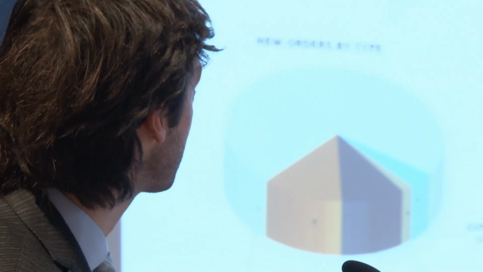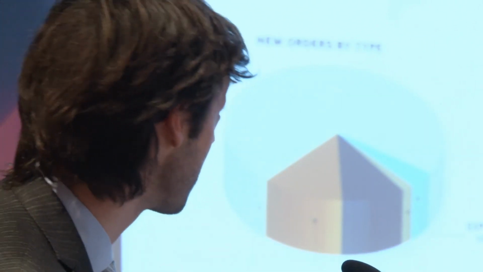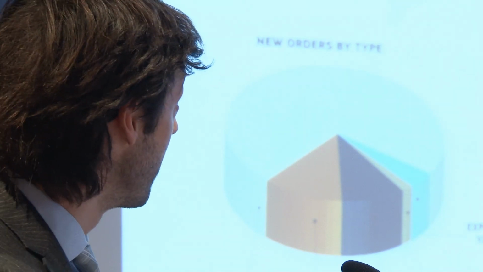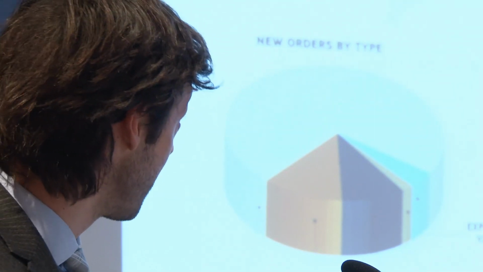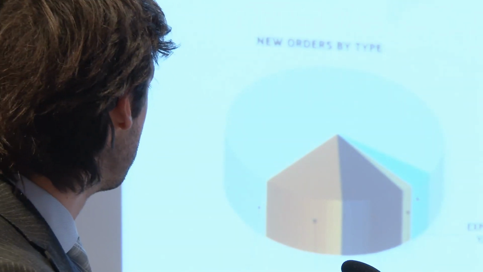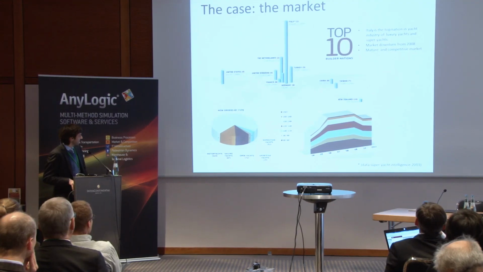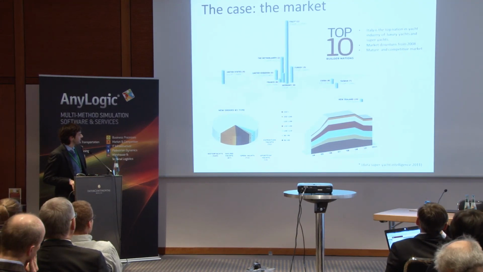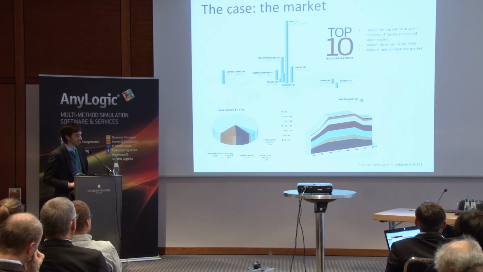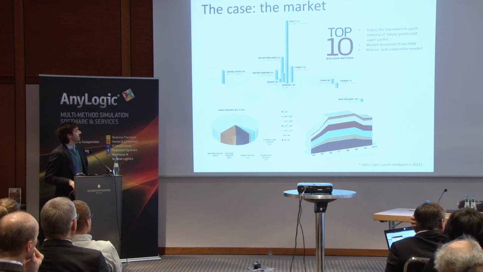Italy has double the orders of the second one, the Netherlands. So you are in a competitive market, in the most competitive country. We are talking about motor yachts, and motor yachts are 75% of all the orders.